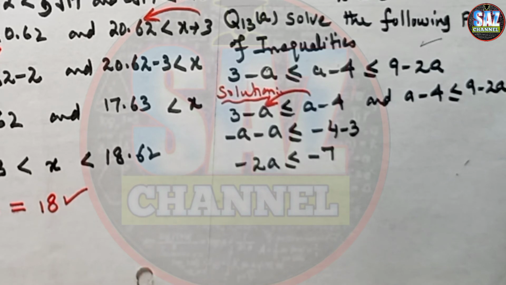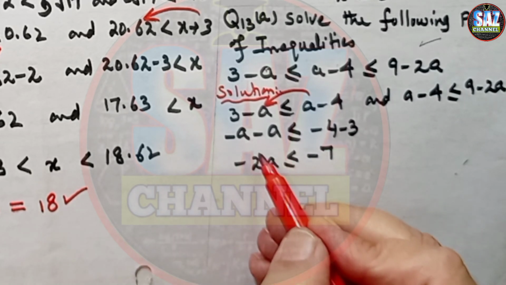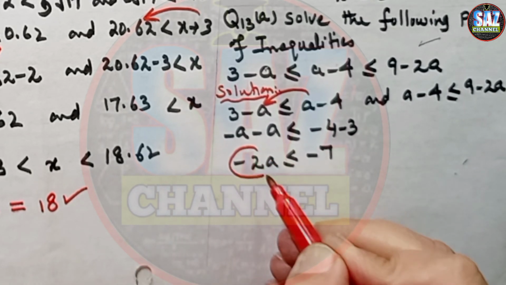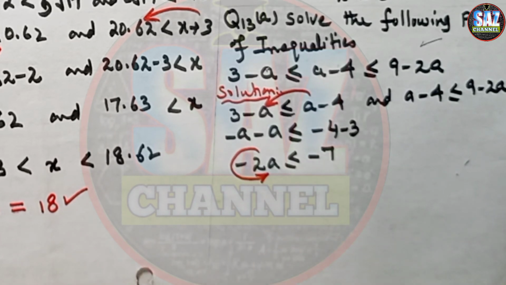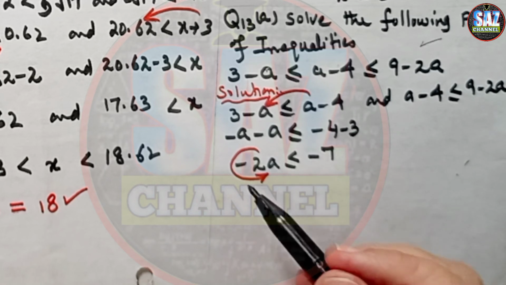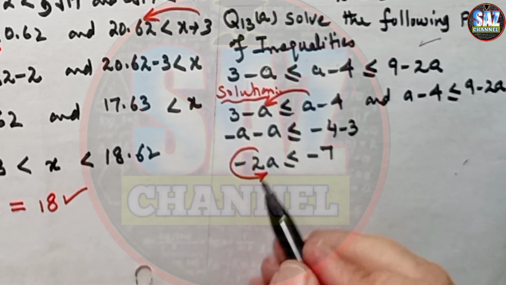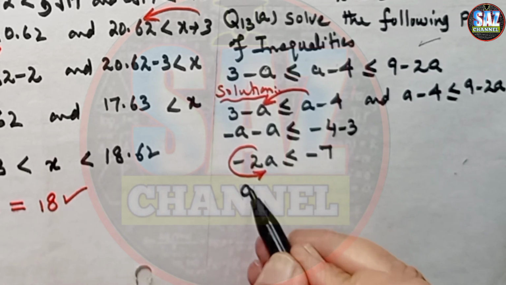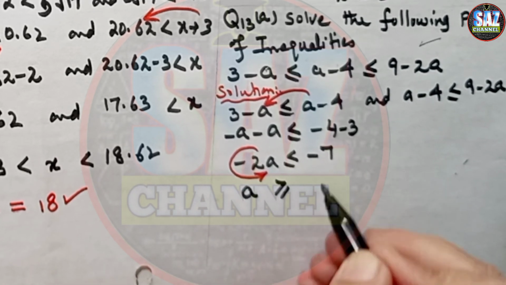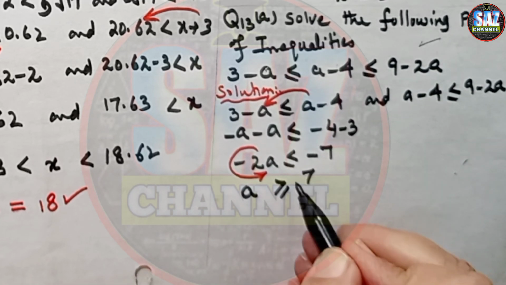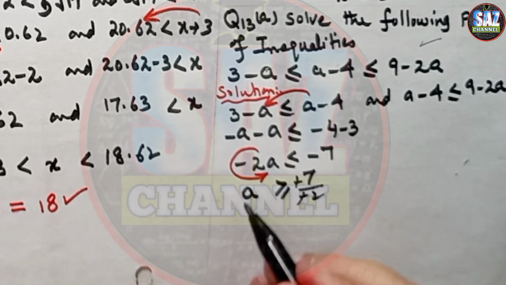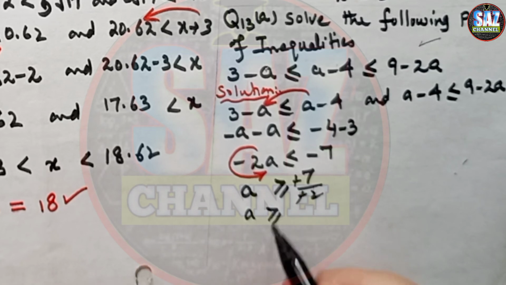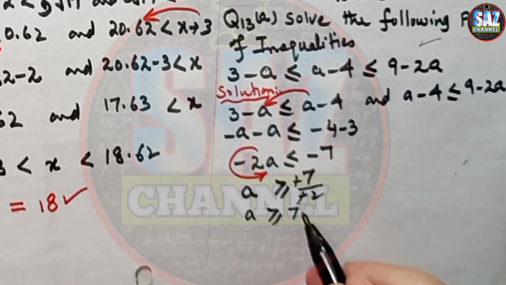Now I have to shift this minus 2 to the other side because this is multiplied by a. And do not forget that whenever we are multiplying or dividing any inequality by a minus sign, we have to reverse the direction of that inequality, that is minus 7 divided by minus 2, and a is greater than or equal to 7 by 2, or 3.5.